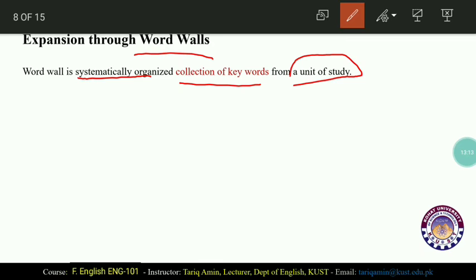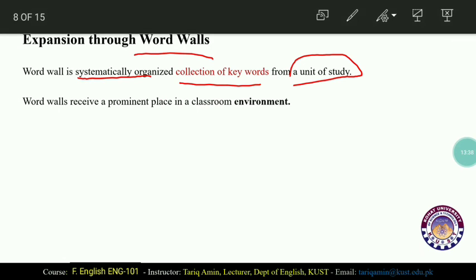This is one unit of study. Now, you write the different keywords that are related to this unit of study, that is cell. You make a word wall for this unit of study. You write different words for it.